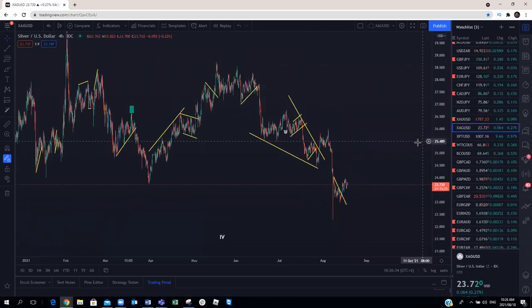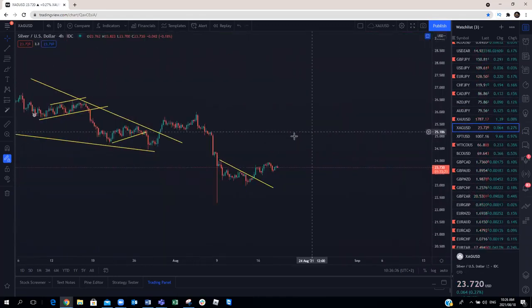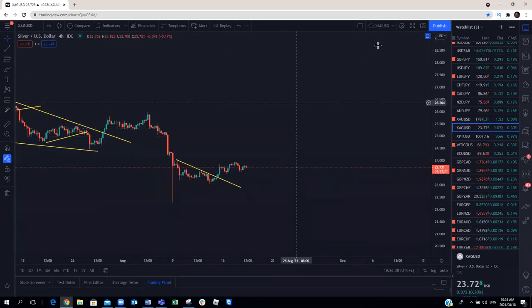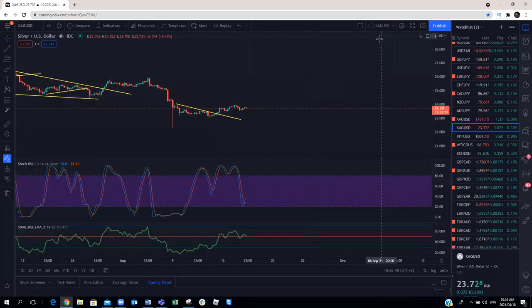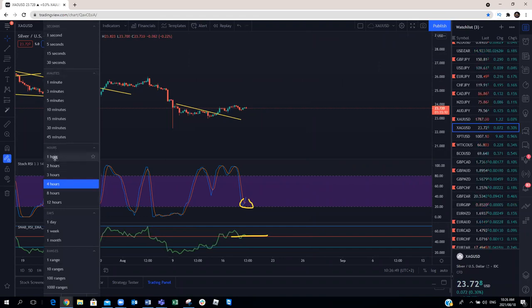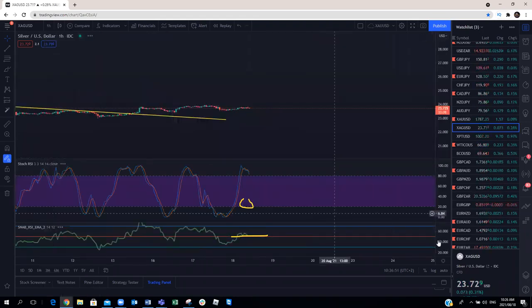Right, silver 4 hour. We are right on the 50% and the reset here. What happens from here? We don't have really any direction on the 4 hour. Let's have a look on the 1 hour.